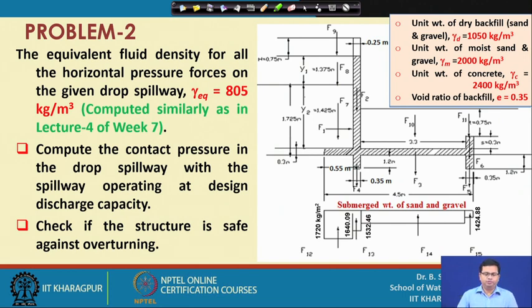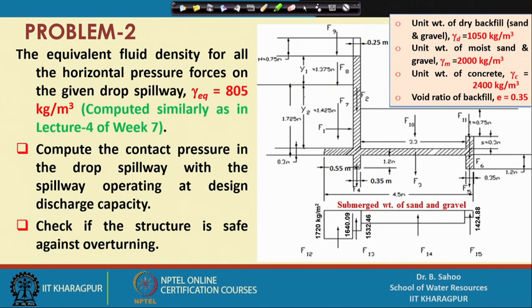Now, second is compute the contact pressure in the drop spillway with the spillway operating at design discharge capacity. Design discharge capacity means it is flowing full, the flow condition is full flow condition. Check if the structure is safe against overturning. You know why the overturning occurs. The overturning occurs because of our horizontal pressure forces and the uplift pressure forces, which act upward, and that is countered by our vertical forces, which are because of the weights of water on the structure as well as the backfill material.